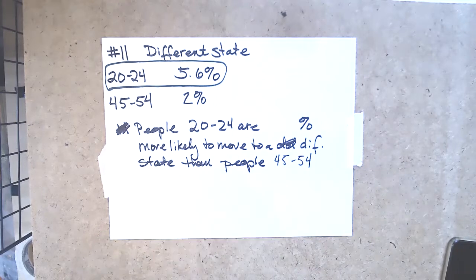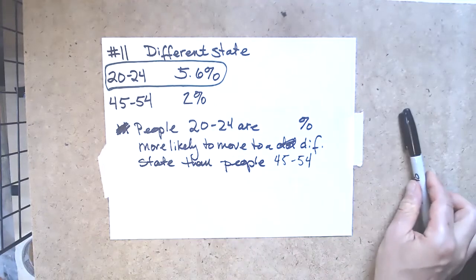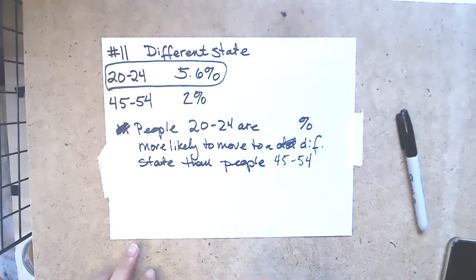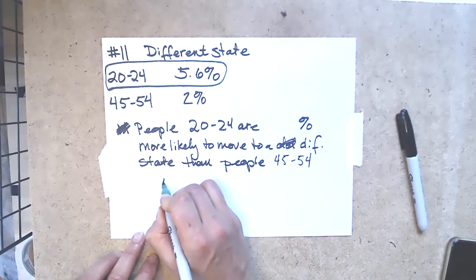So more likely, large over small, people ages 20 to 24 on top, people ages 45 to 54 on the bottom, all these different ways to set it up.